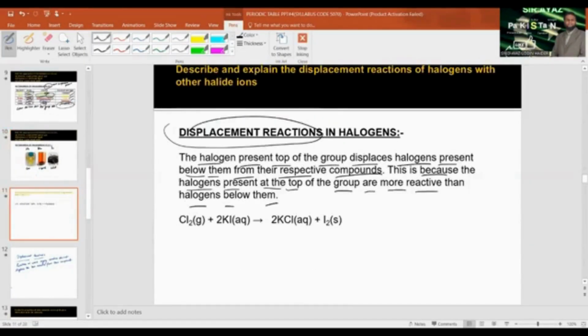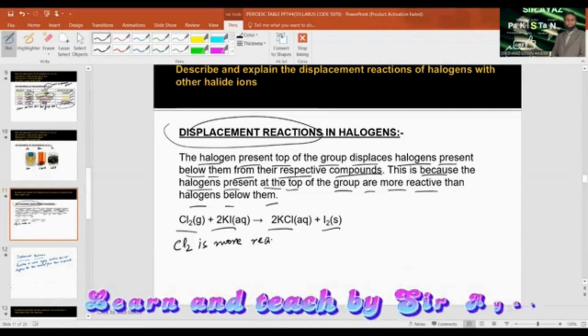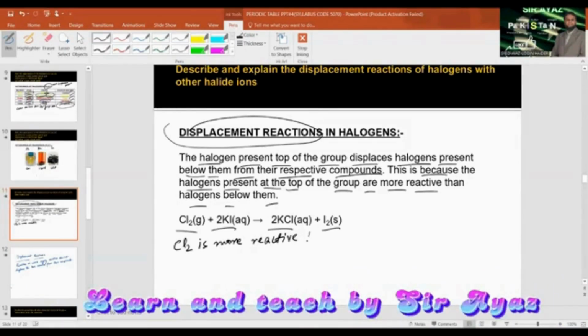Here's the reaction between chlorine and potassium iodide. The product will be KCl plus I2. Chlorine plus potassium iodide produces potassium chloride and I2. The reason is that chlorine, Cl2, is more reactive than I2.